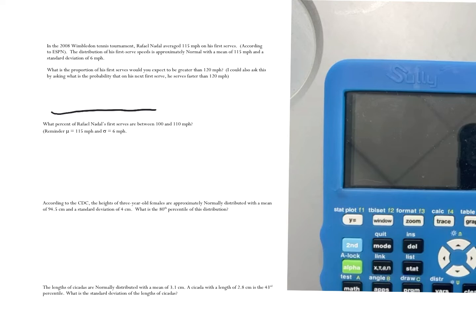Sure? Sweet. Okay, so we could draw that picture. What would you guys like me to put right here? 115? Because that's the average, that's his mean speed.